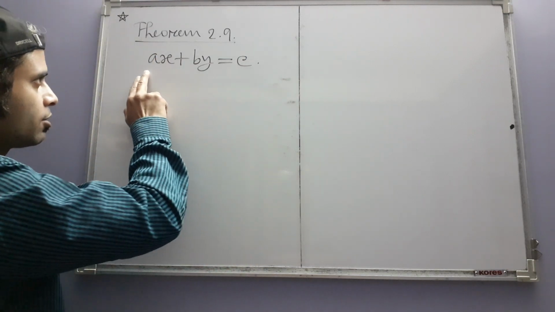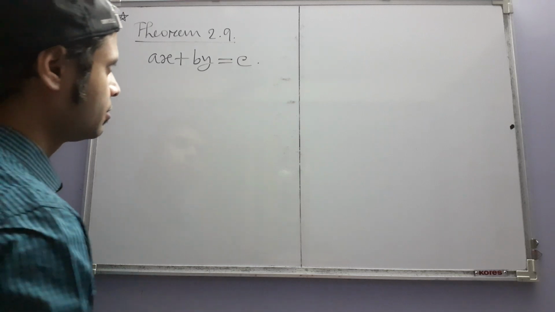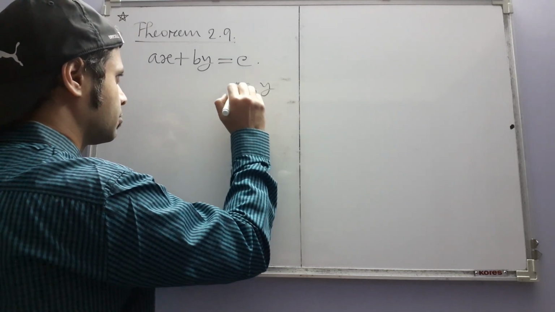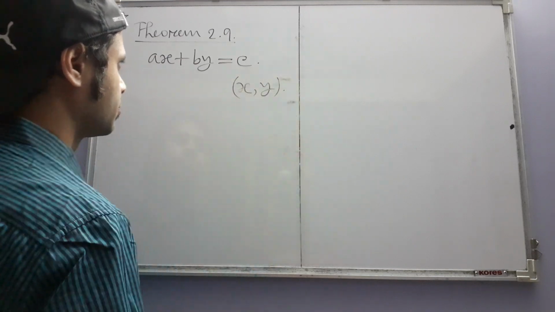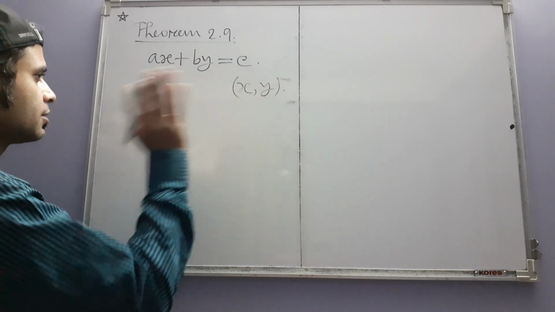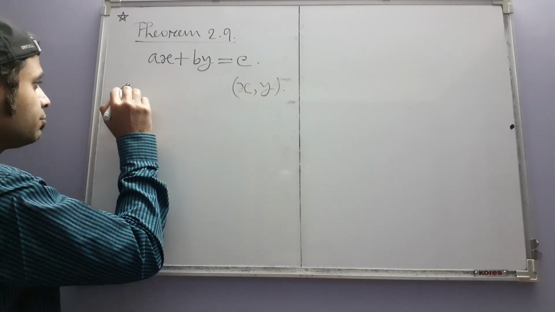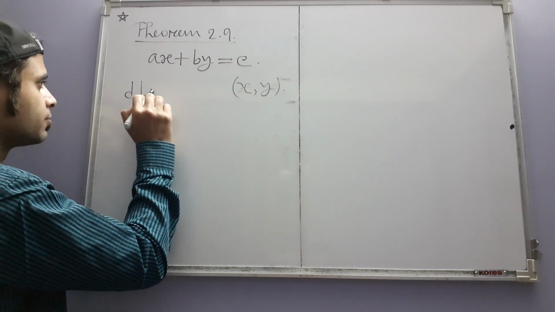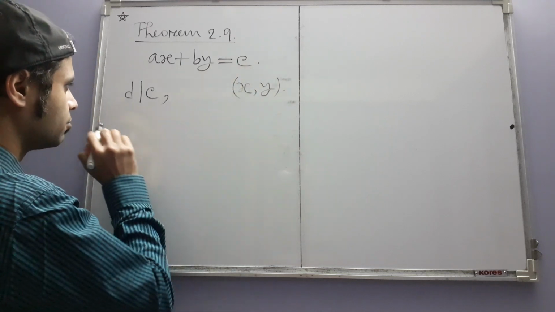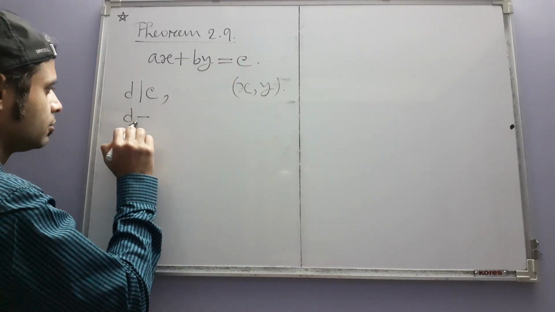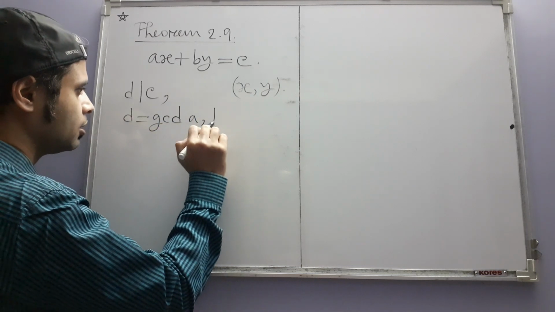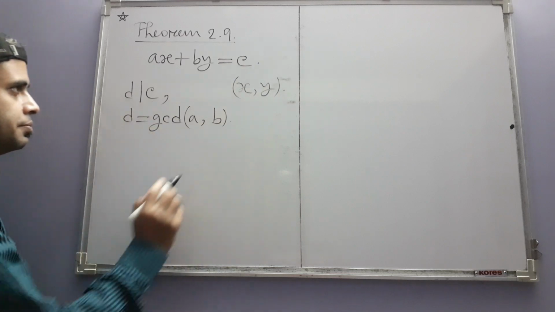Also, a solution to this equation is a pair of integers. Now, this theorem tells us that such an equation has a solution if and only if d divides the right hand side integer c, where d is the greatest common divisor of a and b.